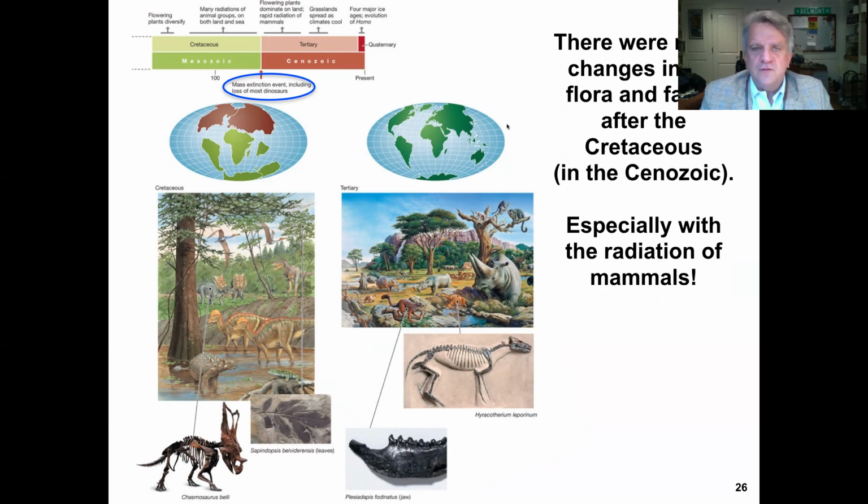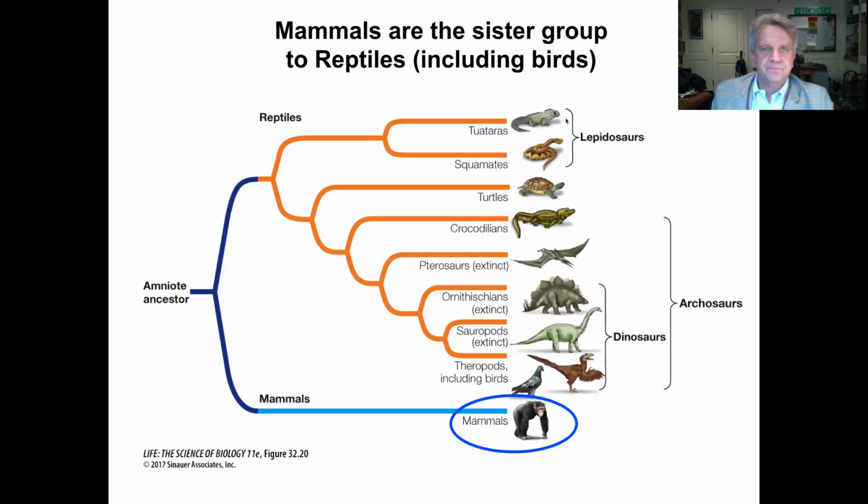But one of the things that we really see following the end of the Cretaceous, this mass extinction event, is not only the loss of most of the dinosaurs, I say most because we still have living birds, and then we start seeing changes that include the radiation of the living lineages of placental mammals.